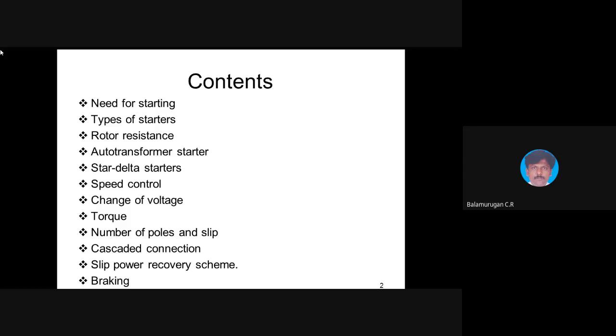So what is the operation of the starter? First, to limit the starting current. Second, to protect the machine from overload.